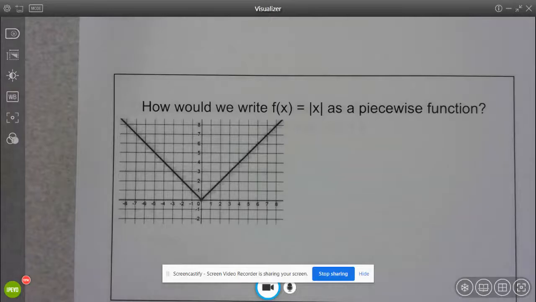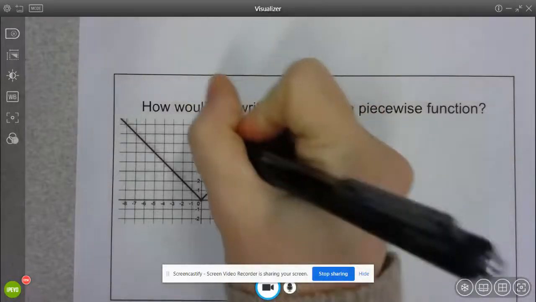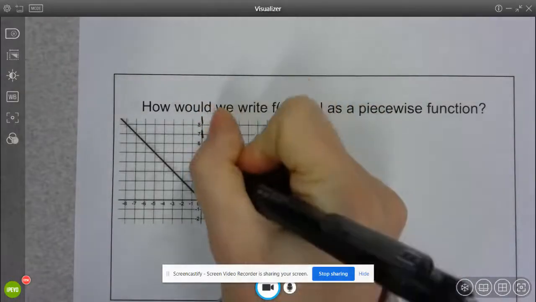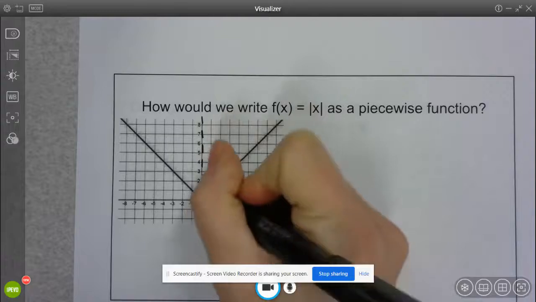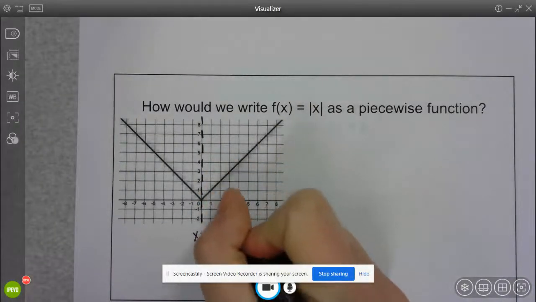And I'm actually going to do this with two different colors. And we're going to start by identifying here, this is our axis of symmetry at x equals 0.